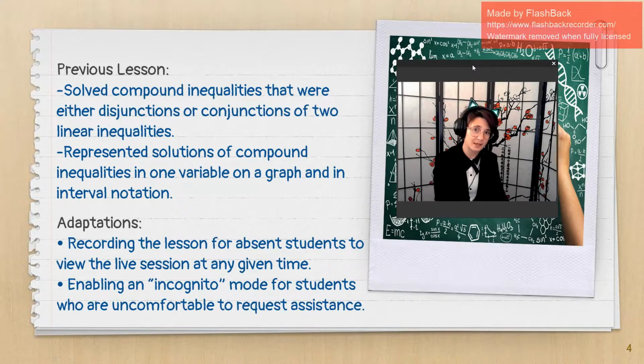A couple of adaptations were made for the course. One of the most common ones is that we record every single lesson for absent students so that they can view it at any given time. This is also great for students who did attend class and just wanted to watch the recording over again. I also enabled an incognito mode for our students who were quite uncomfortable to request assistance in the class.